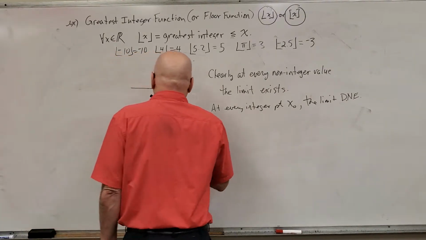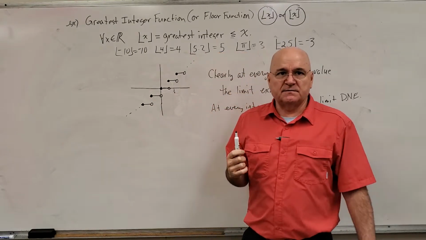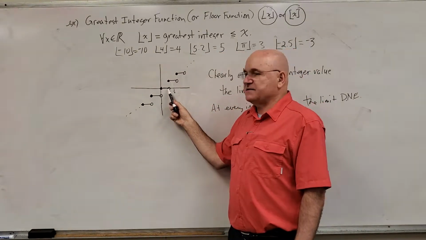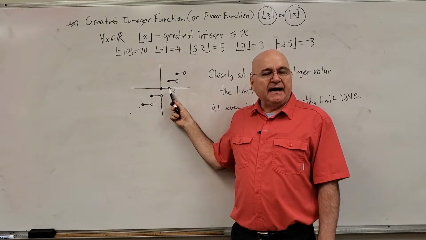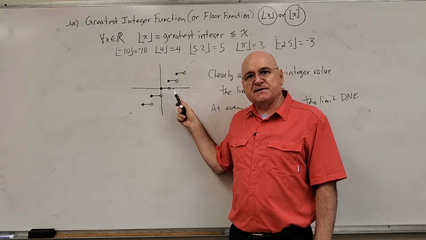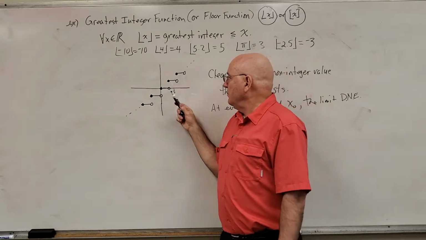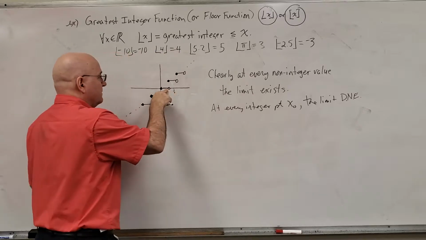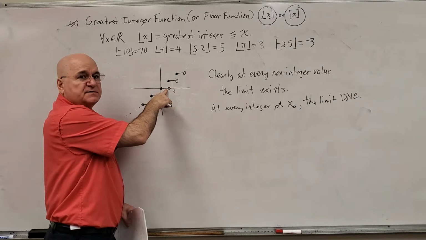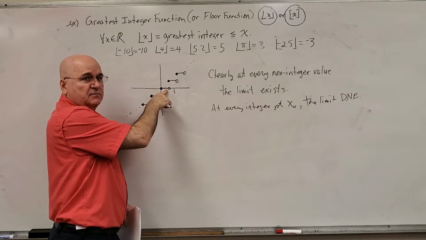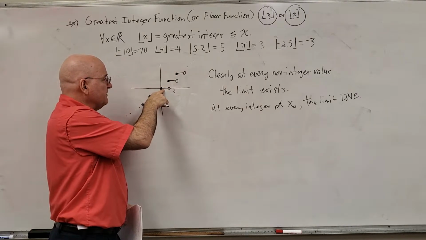Well, let's look at it as sequences. If you're a sequence on the x-axis of positive numbers, and your limit is 0, you're going to 0 from the right. Well, f of all of those values in the sequence is just 0, and it converges to 0.